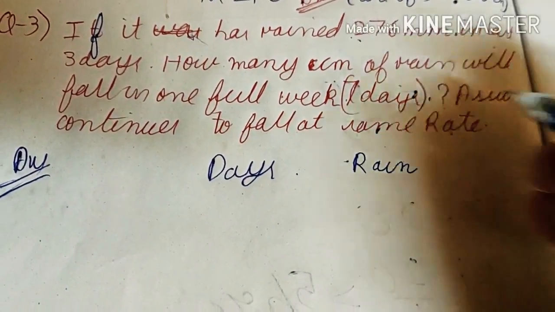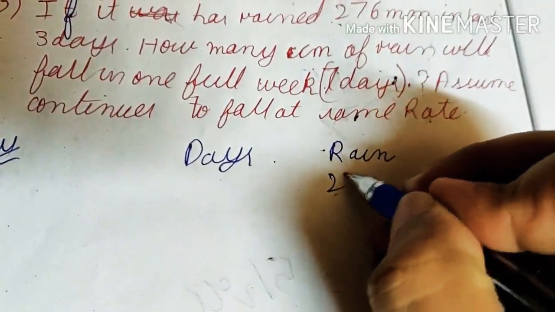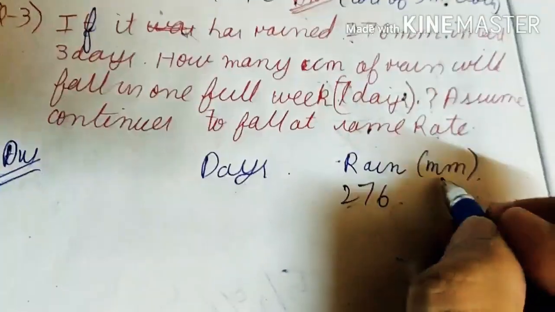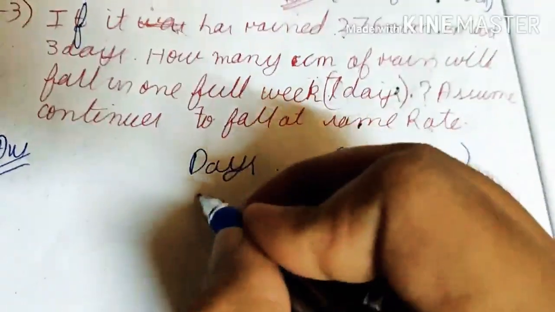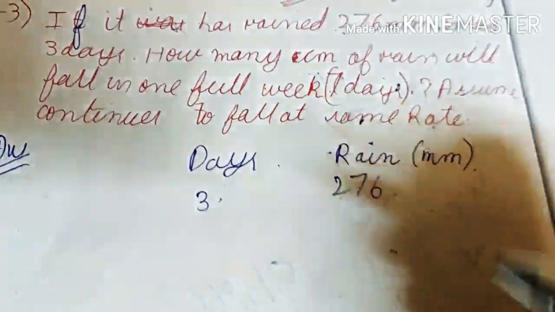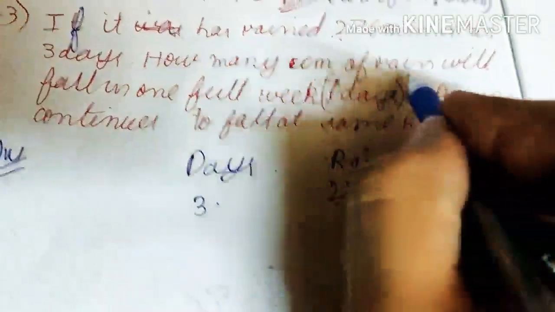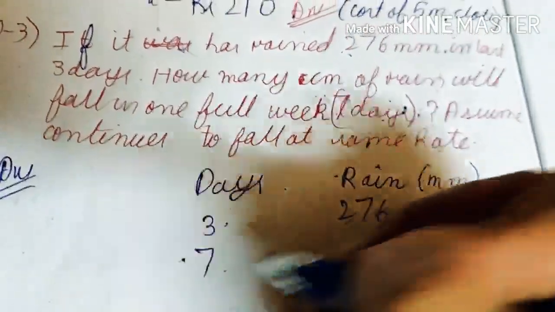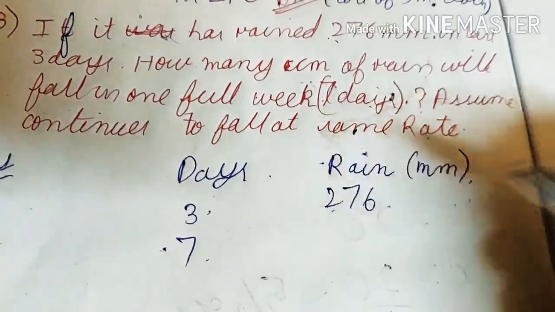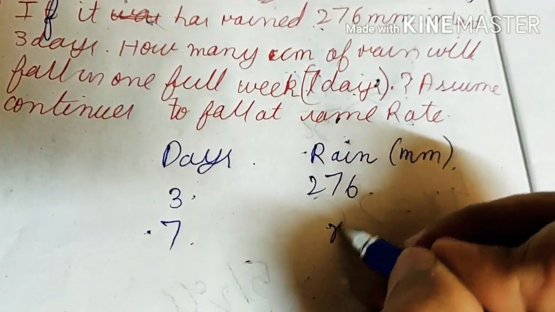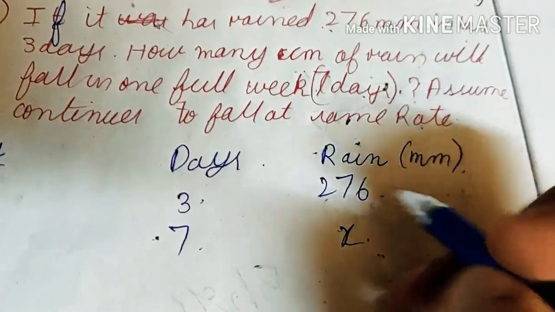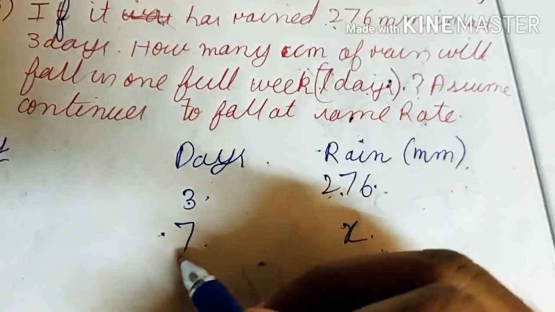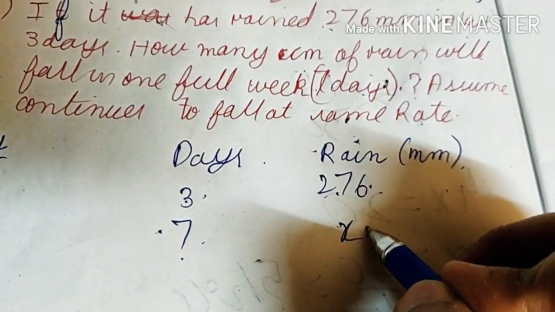The question says it has rained 276 millimeters in 3 days. How much will it rain in one full week? One full week means 7 days. We have to find the amount of rain in 7 days. So this was x here. For 3 days it is given as 276, and for 7 we have to find the amount of rain.